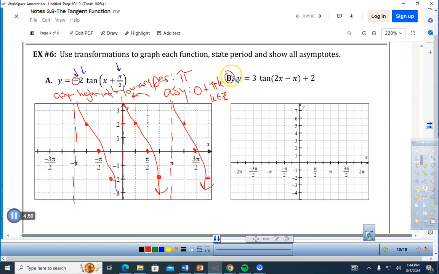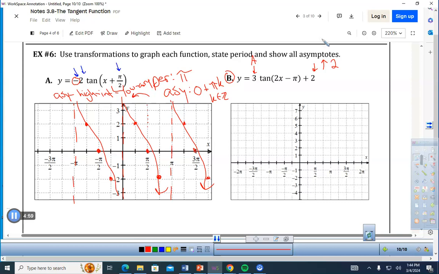This is a good one. I have everything involved. That's my A, which is going to affect my high-low. This is going to move it up 2, right?